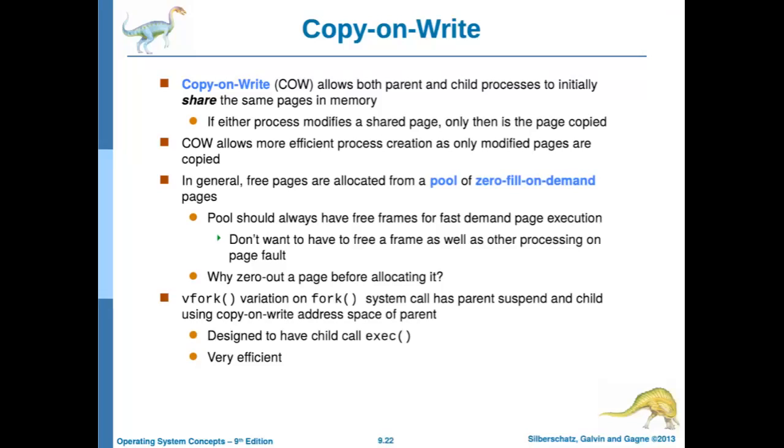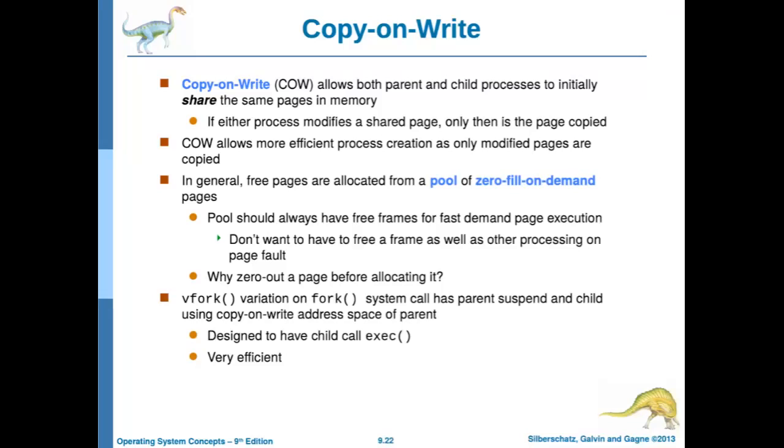Now, whenever we allocate free pages, we know that we need to keep track of how many pages or frames are free, right? So for that, there is a separate thing called a pool of free pages.